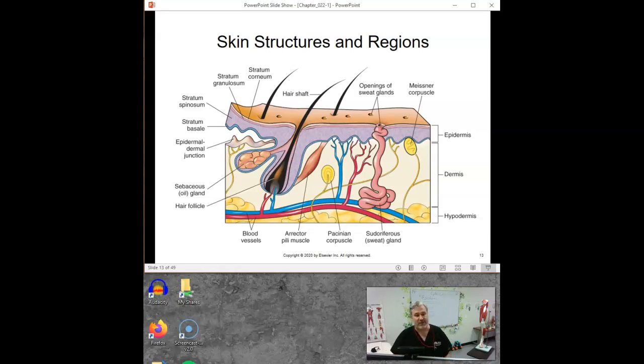But some of the other stuff I want you to notice is this hair follicle, and next to it is the sebaceous oil gland. Sebaceous glands are your body's natural oil glands, and they secrete oil that keeps your hair and your skin supple.